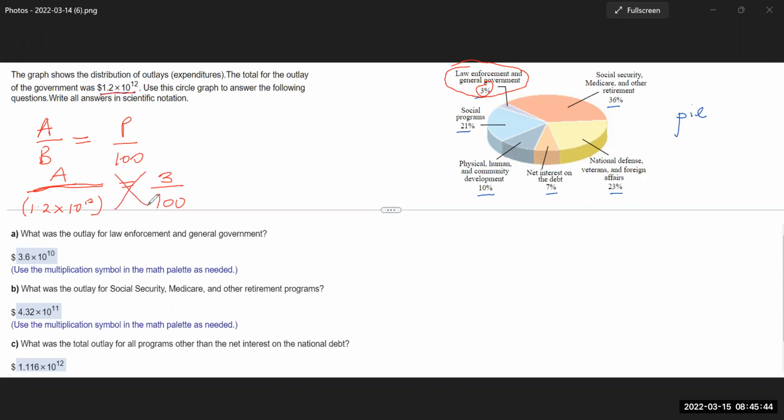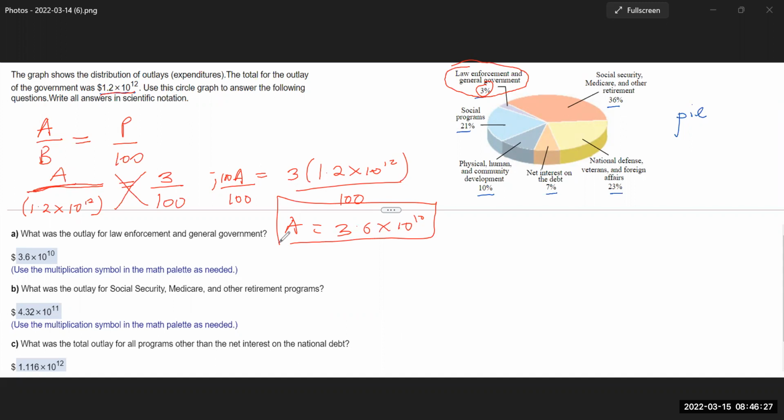That should give you 3.6 times 10 exponent 10. So you do 100A is equal to 3 times 1.2 trillion, and now you divide both sides by 100. And your A should give you 3.6 times 10 exponent 10. As simple as that.